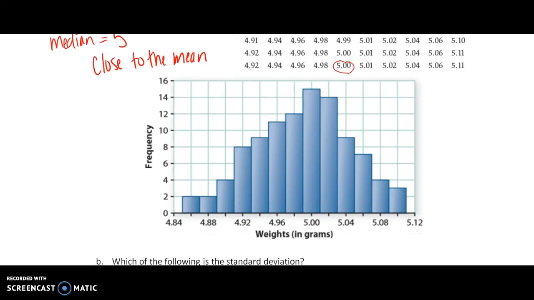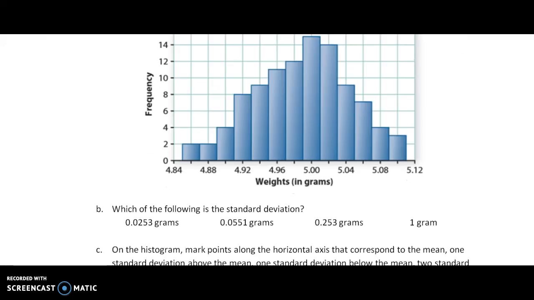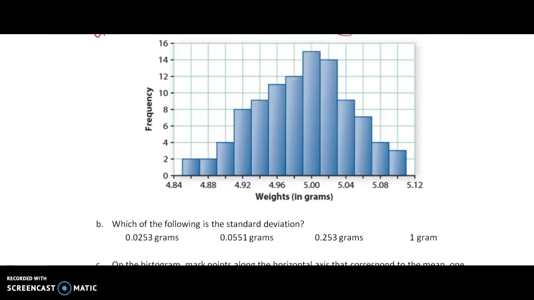Moving forward. Then part B, we want to figure out which one is the standard deviation. So remember, we want to estimate that 2/3 of the data is in between 1 standard deviation to the left and 1 standard deviation to the right. So I'm looking for how far from the mean.